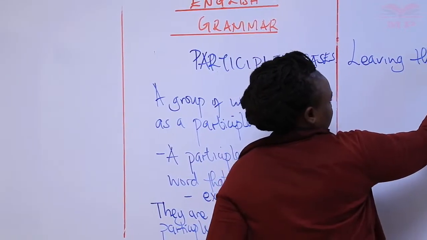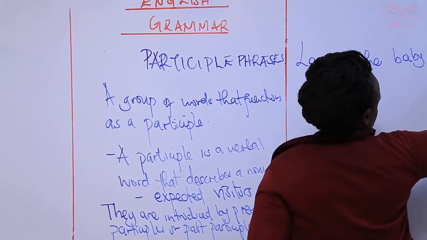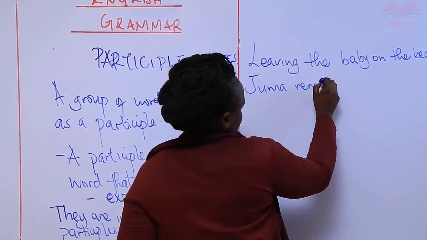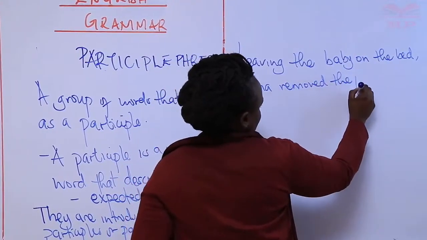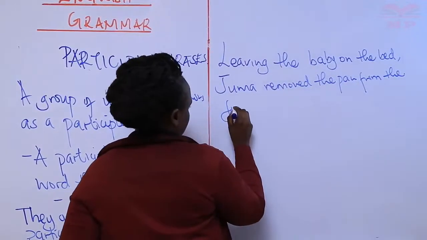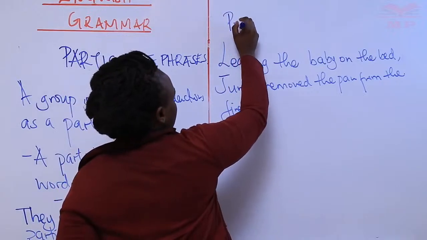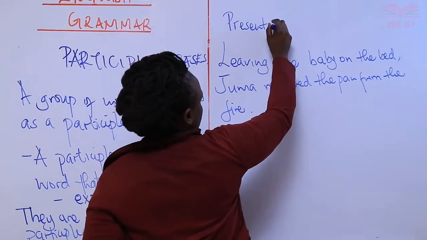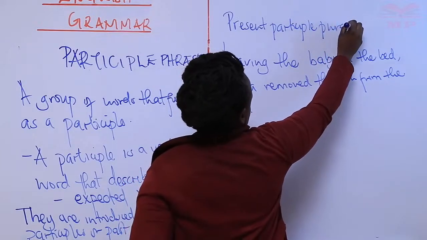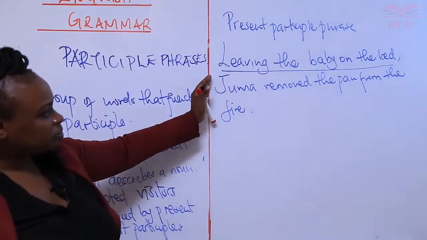For example, leaving the baby on the bed, Juma removed the pan from the fire. So this is an example of a present participle phrase, so that we have leaving the baby on the bed as a present participle phrase.